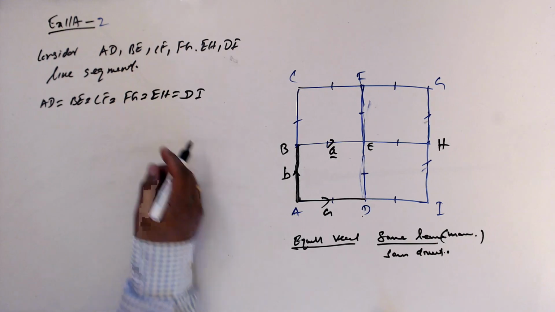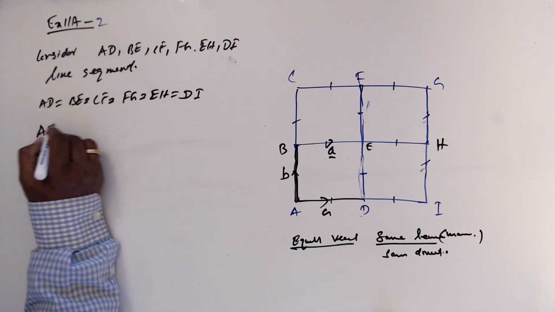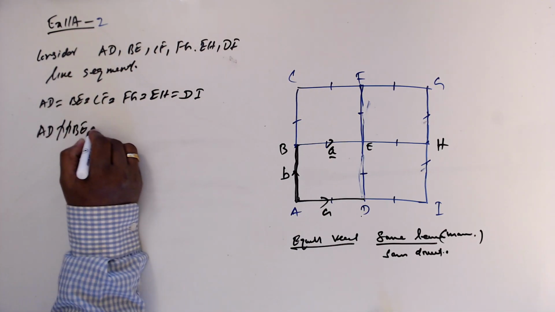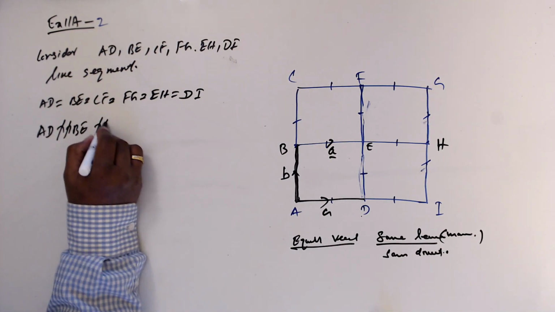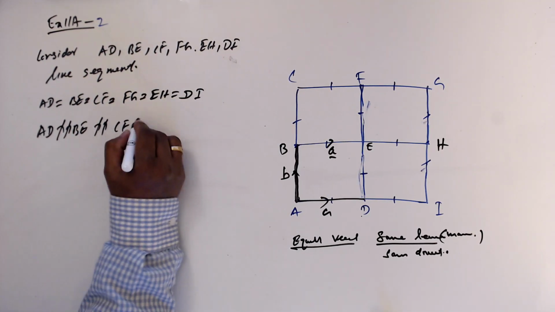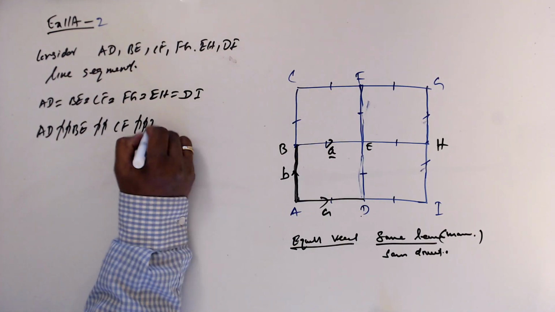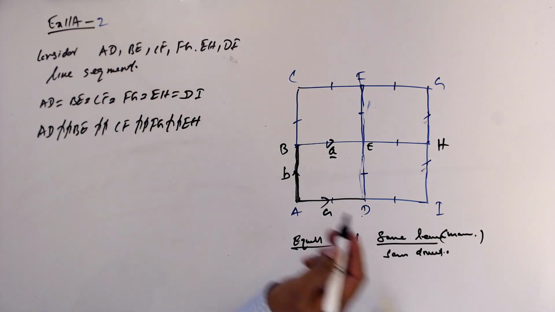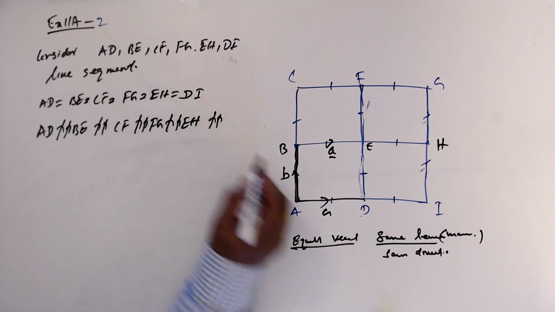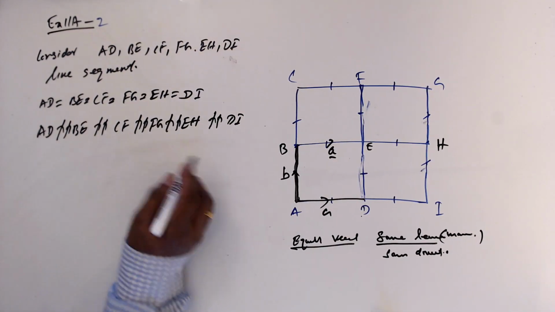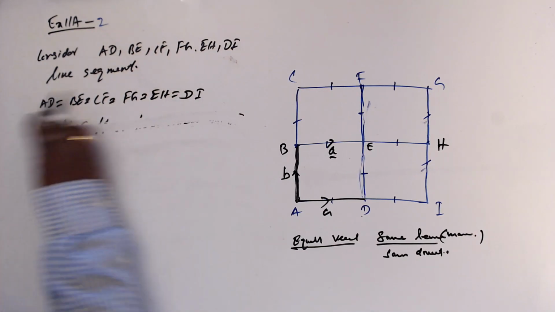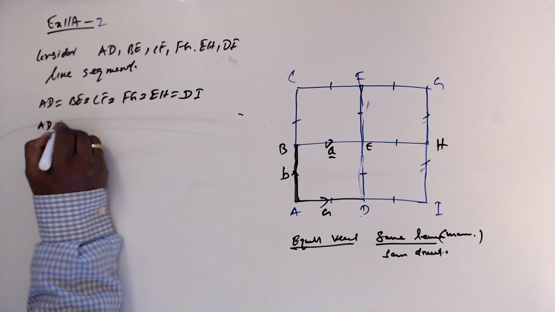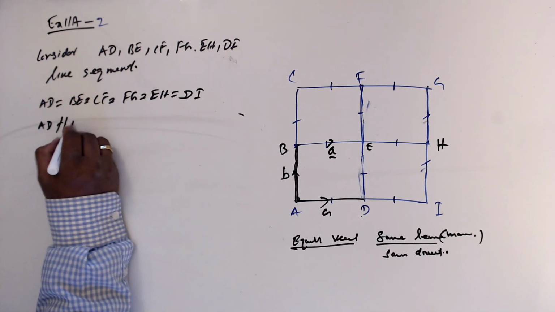They all are equal. Also you can see AD is parallel to BE, and that is parallel to CF, parallel to FG, parallel to EH, and parallel to DI. So they are parallel to each other. Or we'll write it like this, which is the best way. AD is parallel to BE.